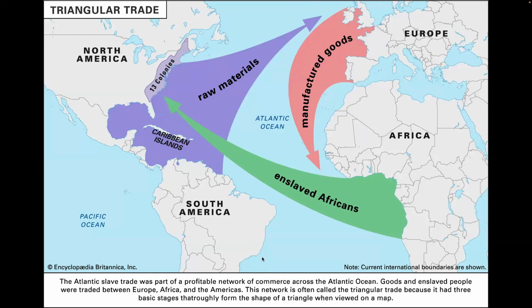There, they are forced to harvest or produce raw materials that are then shipped to Europe, where they are turned into manufactured goods, which are then shipped to Africa, not only for trading posts, for goods to be traded with African chiefdoms or kingdoms or tribes in exchange for African slaves, and then the cycle begins again.